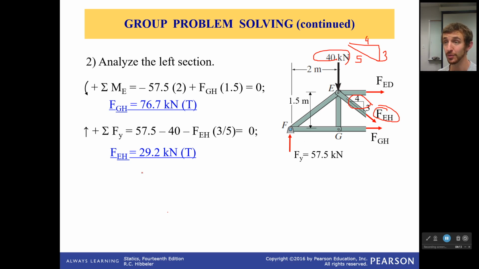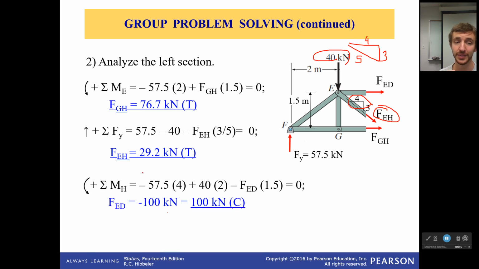Got one equation left, sum the forces in the x direction, or sum moments around point H, because it wants to be weird and mess with me. And I can solve for force ED then. I mean, there's a whole bunch of ways to do that. Honestly, this was probably the best way, because in this case I didn't have to worry about taking the components right here. I would have had to take a component otherwise.